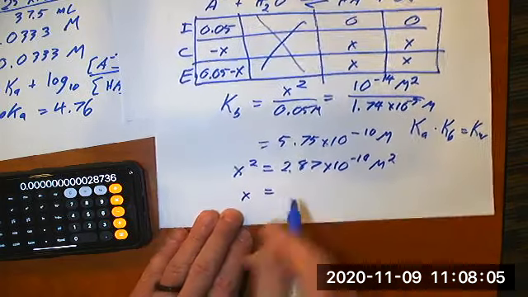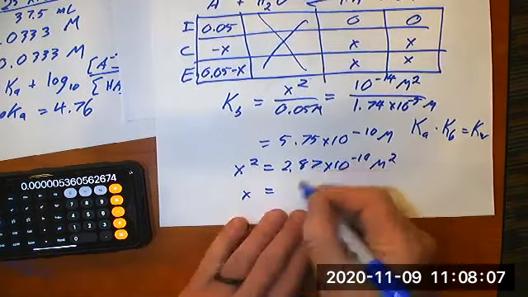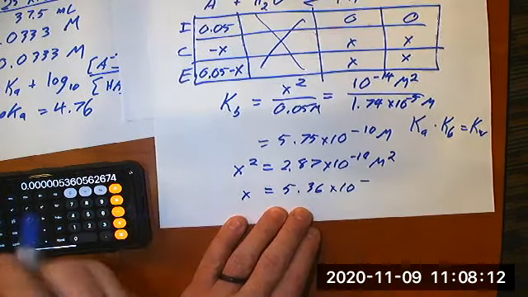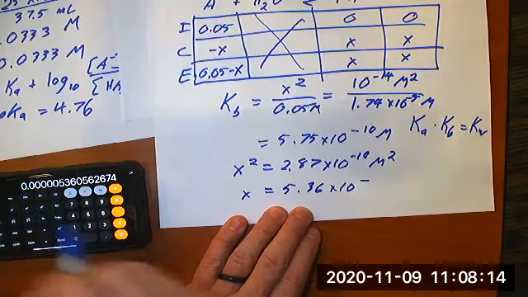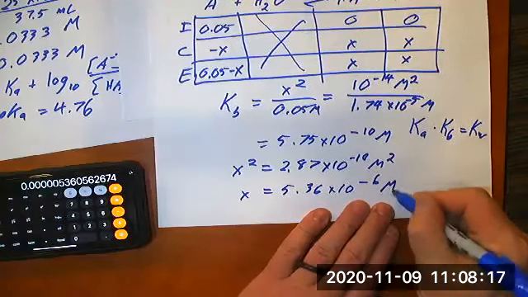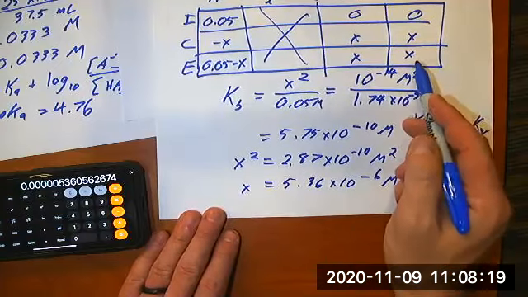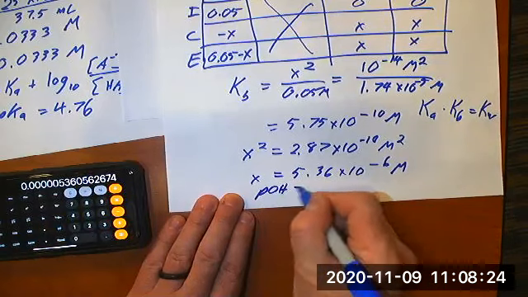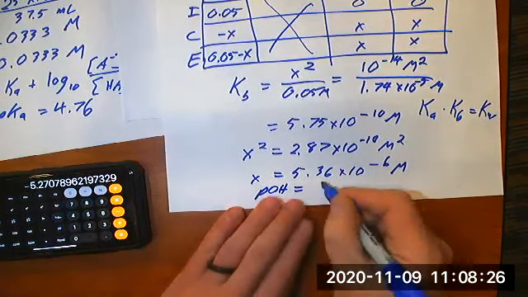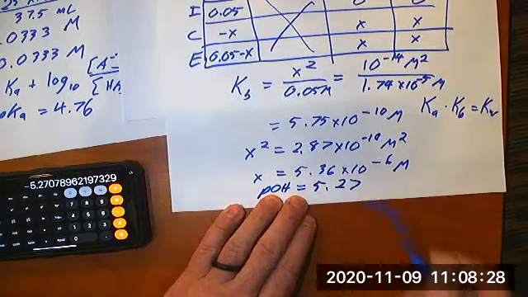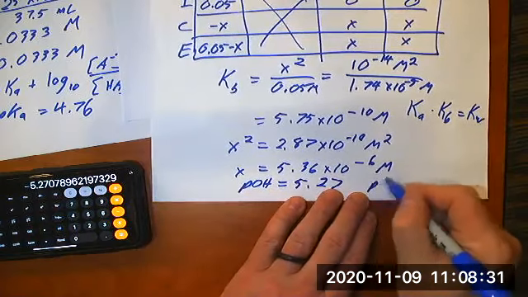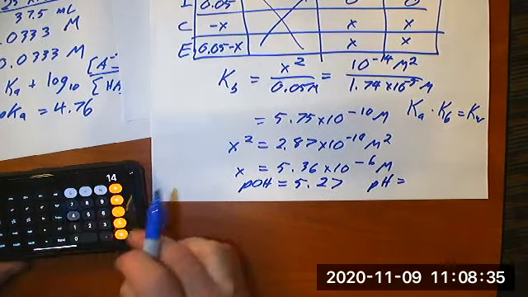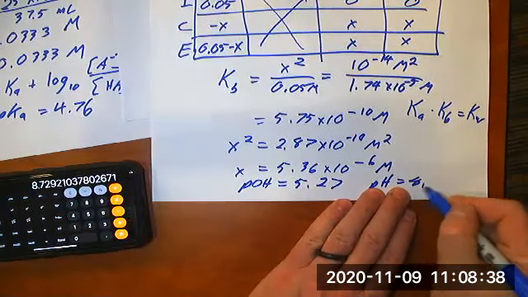And so X is going to be the square root of that, or 5.36 times 10 to the negative 6 molar, which is our OH minus concentration, which means our pOH equals 5.27. And so our pH is going to be 14 minus that, or 8.73.